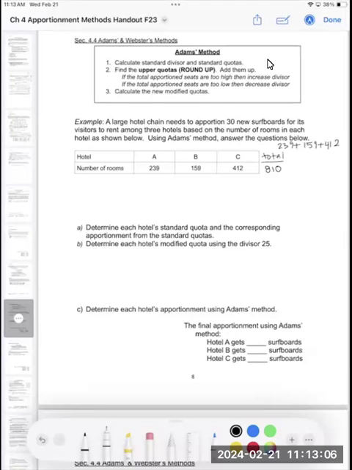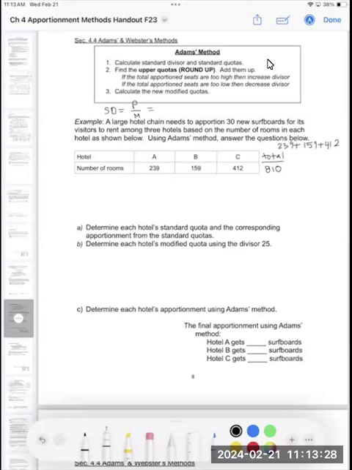So we take our population total to find the standard divisor. We take the population total, which is uppercase P, divided by the number of seats. That is the number of things that we're trying to divide up between the hotels, and that is the 30 surfboards.